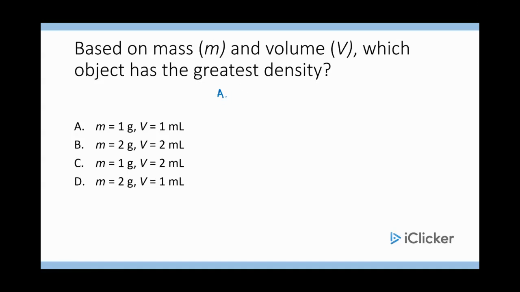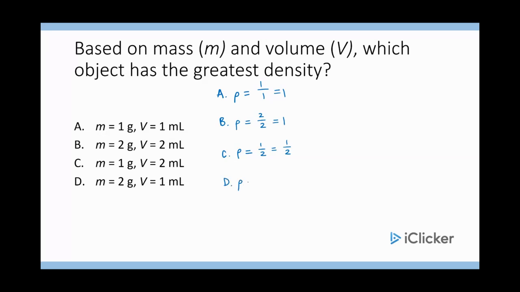So rho equals, for simplicity, I'm going to leave out units, but for A, rho is 1 over 1, which is 1. For B, rho is 2 over 2, which equals 1 gram per milliliter. For C, rho, which is density, is equal to 1 over 2, which is 1/2 grams per milliliter.